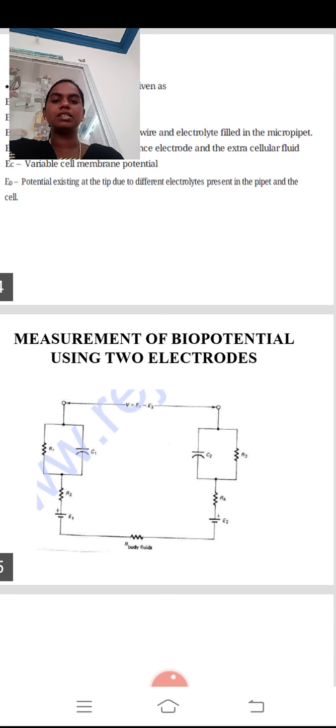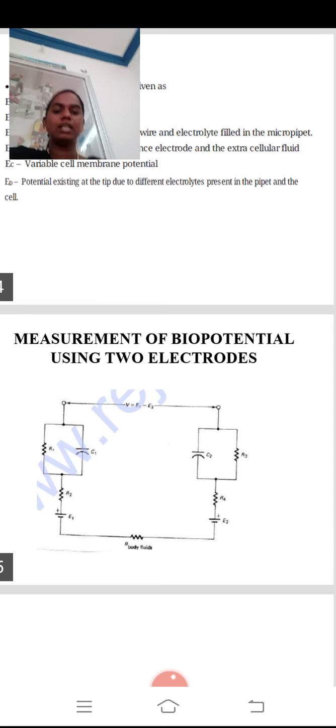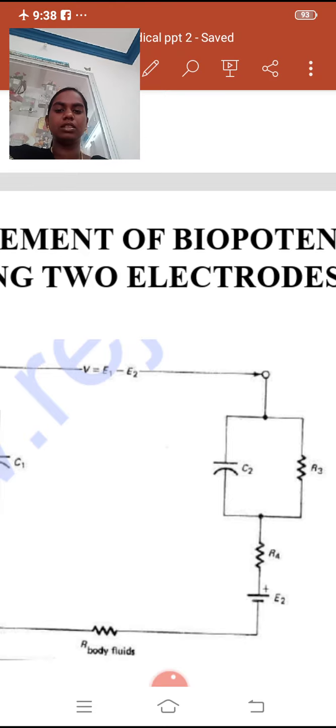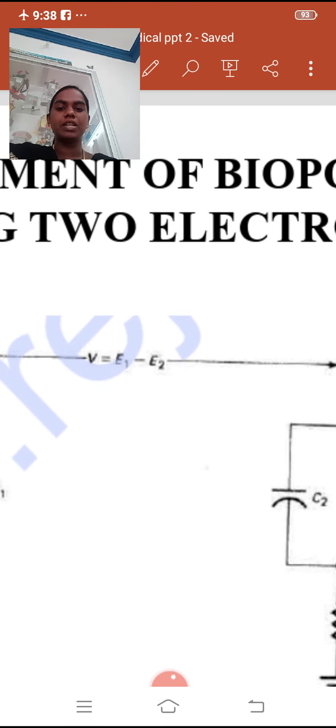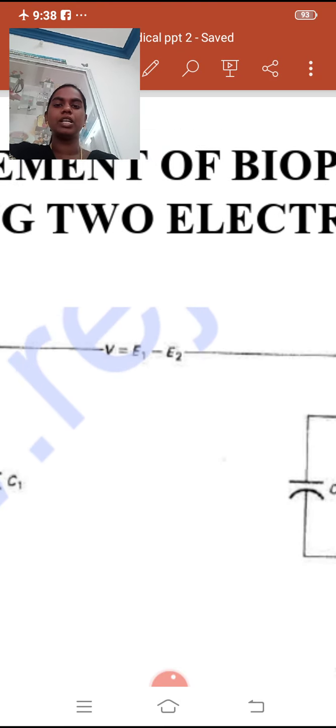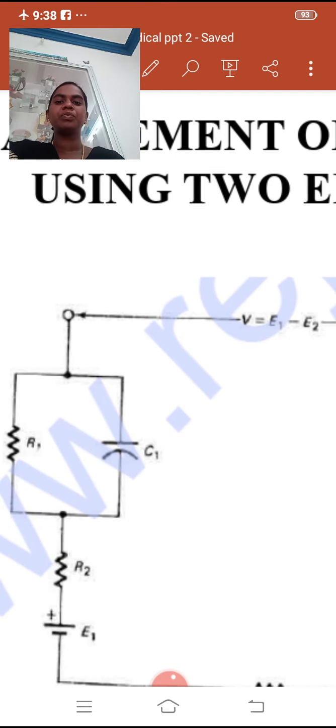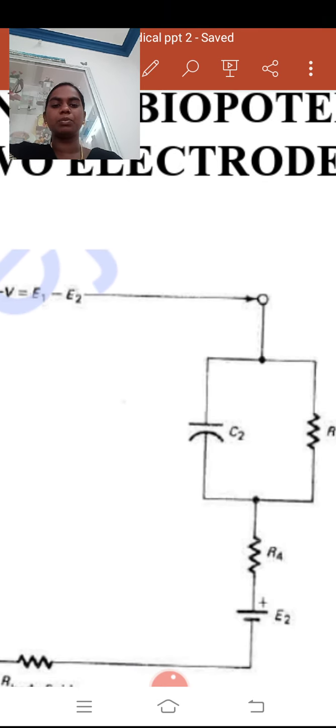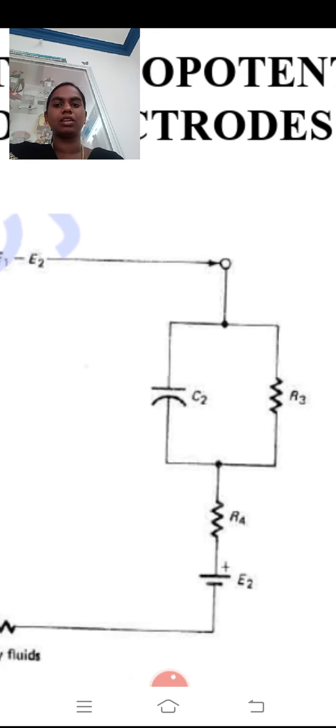The left hand side is one electrode, and the right hand side is the other electrode. The total voltage V is the difference between E1 and E2. E1 is the potential developed at the first electrode system, and E2 is the potential developed at the second electrode system.